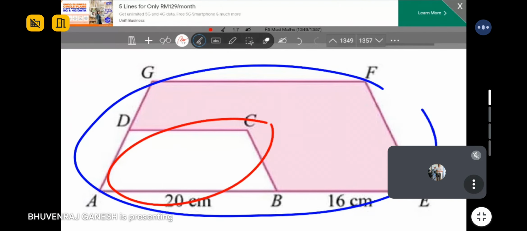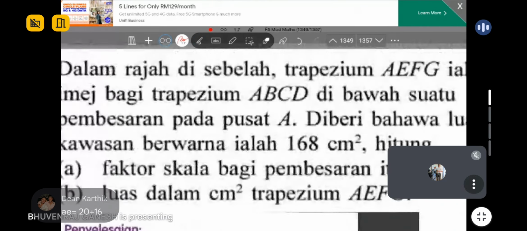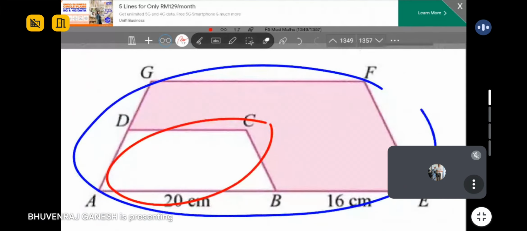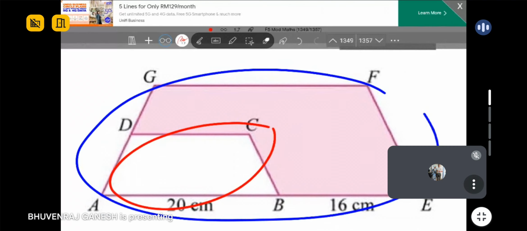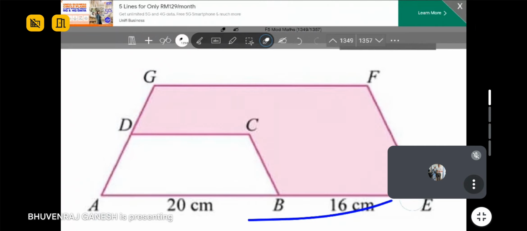Let's check and see. 36 divided by 20. Yes, the scale factor is 9/5. Now they ask you the area of trapezium AEFG. Your scale factor is 9/5.